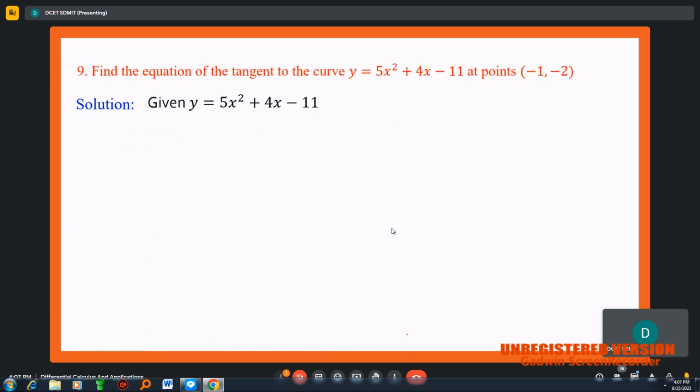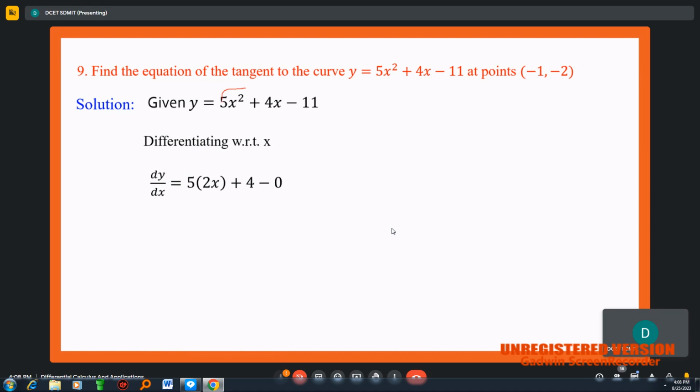Next. Find the equation of the tangent to the curve y is equal to 5x square plus 4x minus 11 at the point minus 1 comma minus 2. Here, differentiating again with respect to x, dy by dx is equal to 5 into the differentiation of x square, which is 2x, plus the differentiation of 4x.